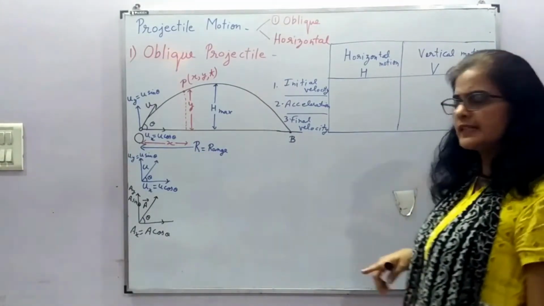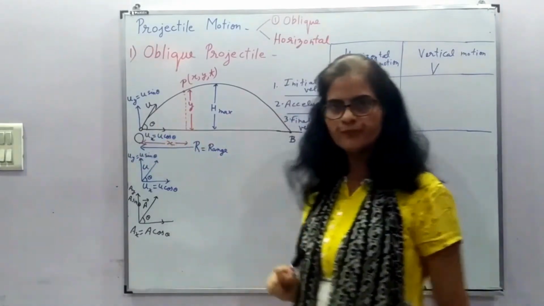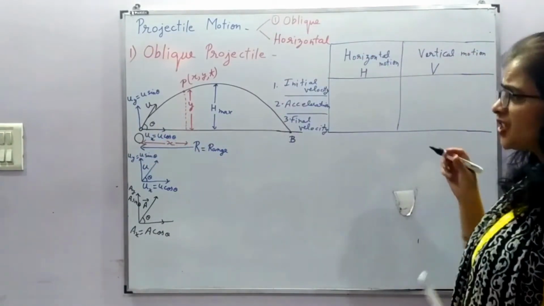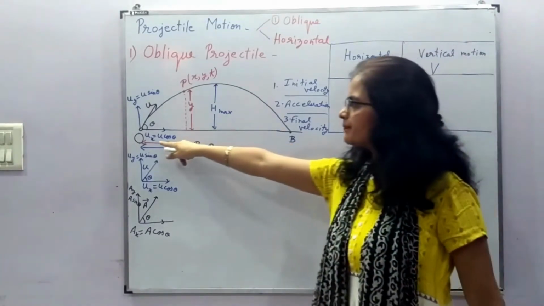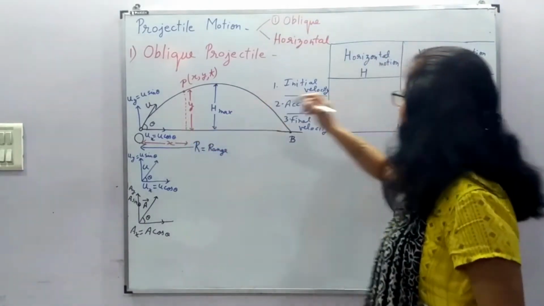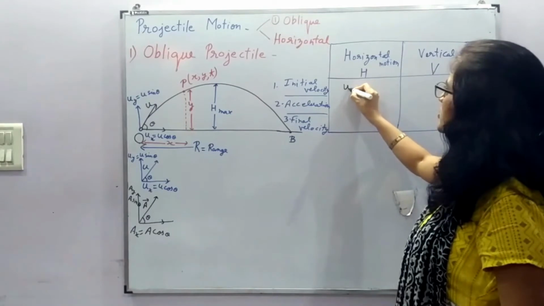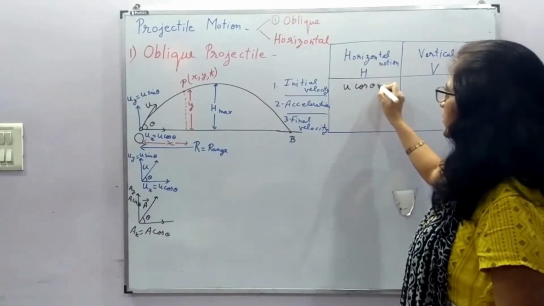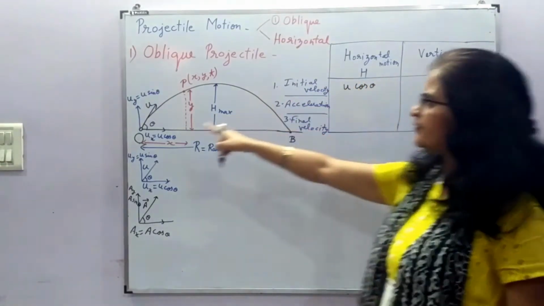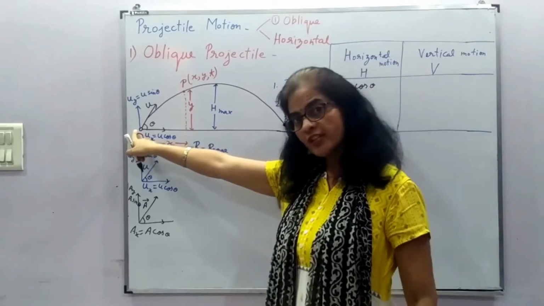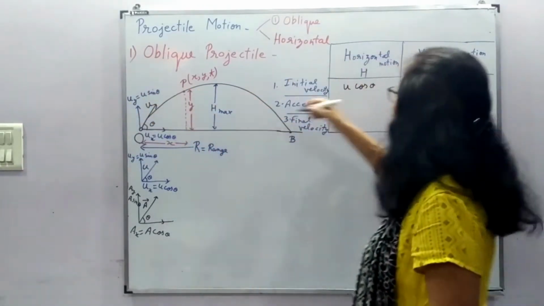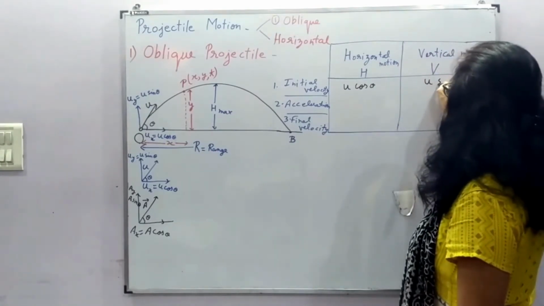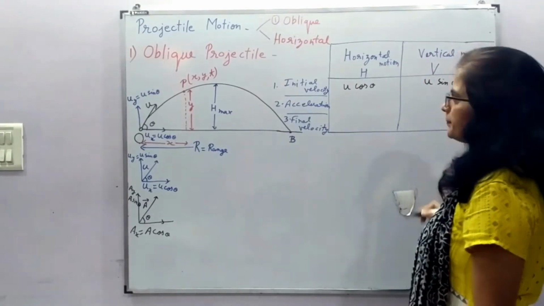The initial point in this diagram is O, right? So the initial velocity in horizontal direction is u cos theta. And initial velocity, that means velocity at point O, in vertical direction is u sin theta.